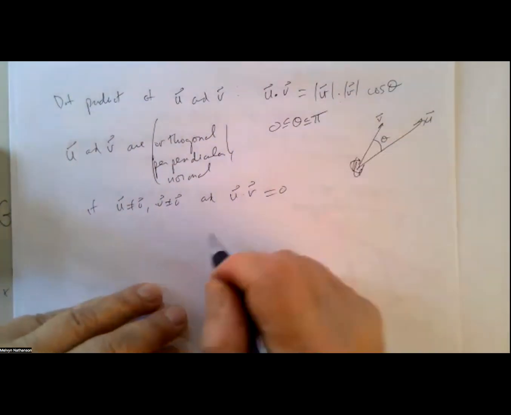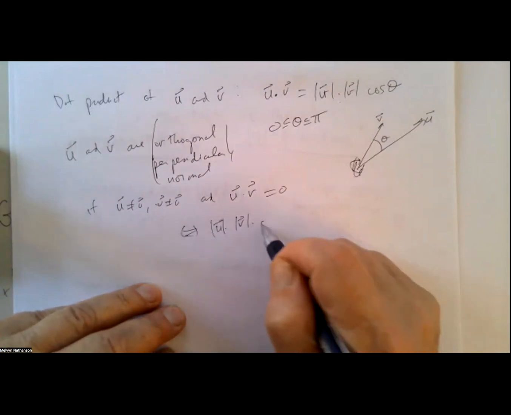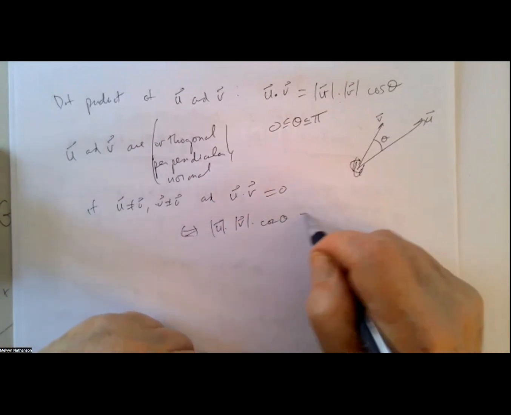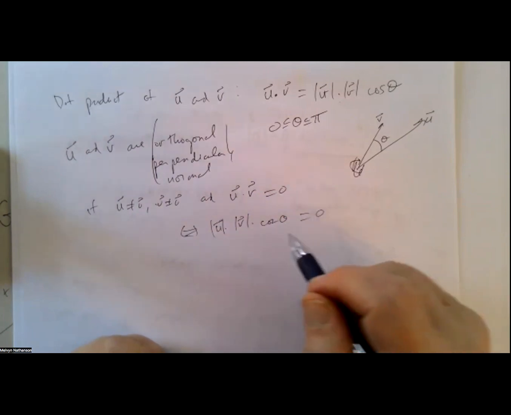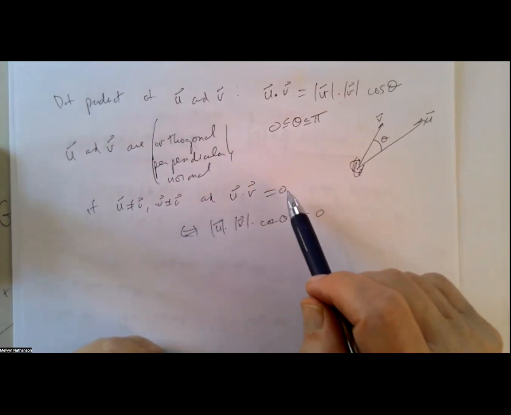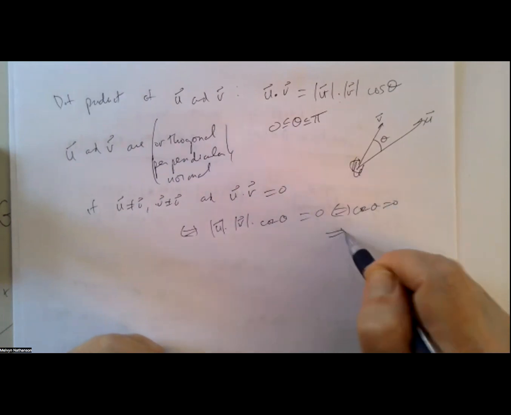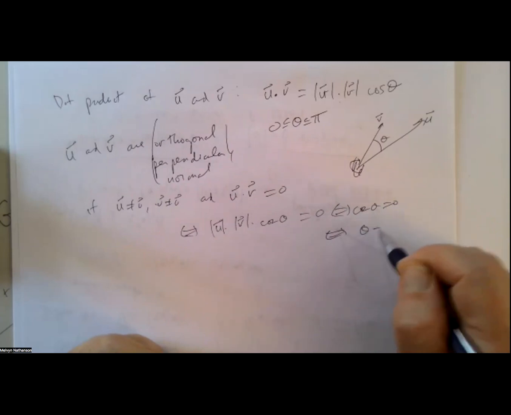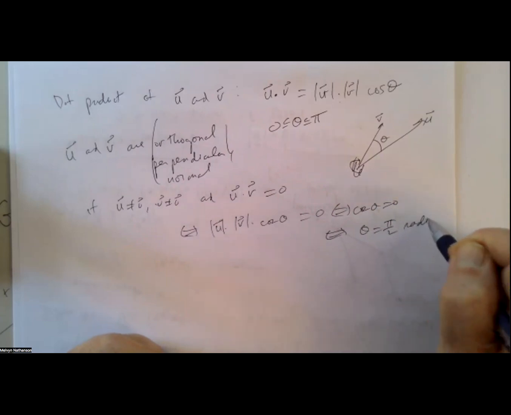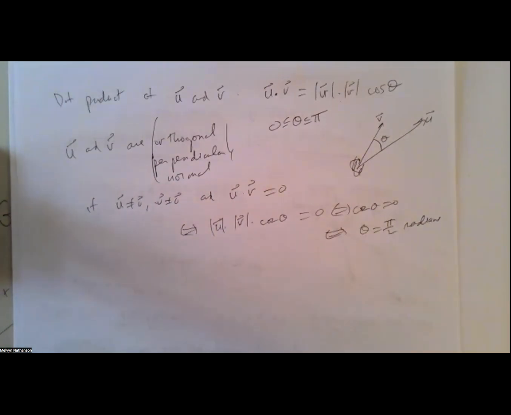Of course, the dot product is the length of U times the length of V times the cosine of the angle between them. And a vector is non-zero if and only if its length is non-zero. So the only time two vectors are perpendicular is if the cosine of theta is 0. And the only angle between 0 and pi whose cosine is 0 is pi over 2 radians. So that means this angle is a right angle. It's exactly what you think it should be.